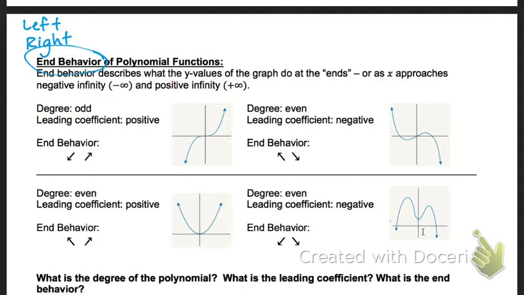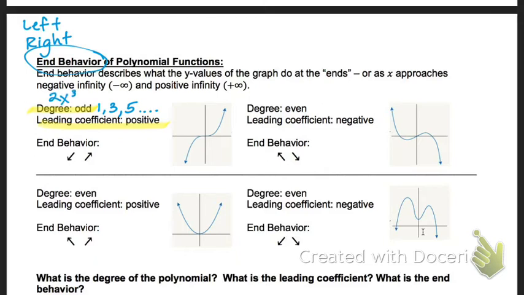If you have a degree that is odd, so anything like x to the first power, x to the third power, x to the fifth power, and your leading coefficient is positive, an example could be 2x to the third.